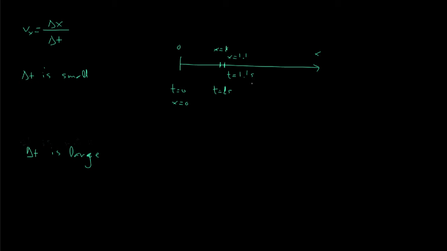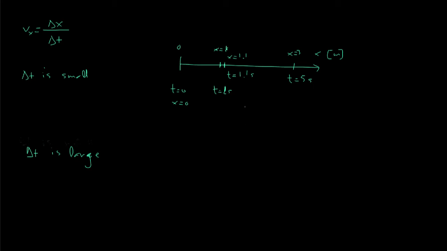Now let's say that I also know the object is moving to the right, and approximately at x equals 3, and all of these are in meters. So whenever you see x, it's in meters. Whenever you see time, it's in seconds. Let's say that the object is at x equals 3 when the time is 5 seconds.